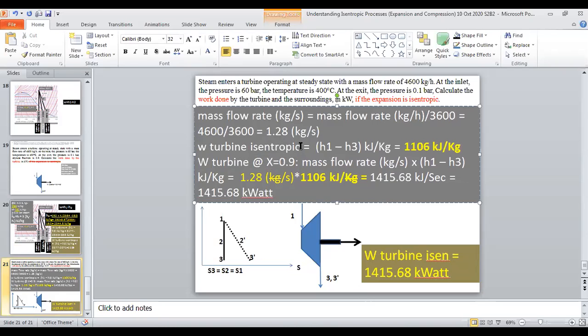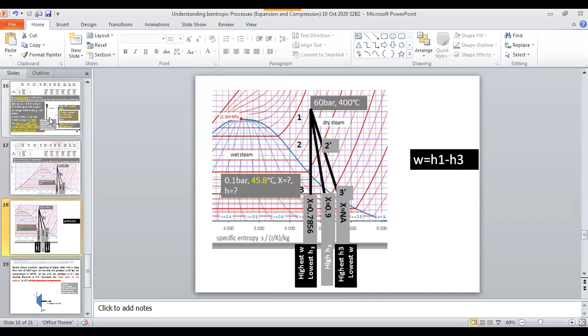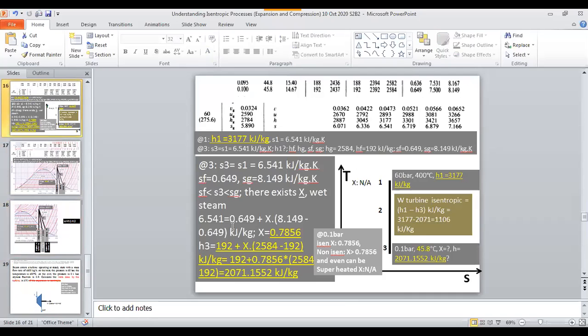Isentropic at x equals 0.7 something. At x equals 0.7856.